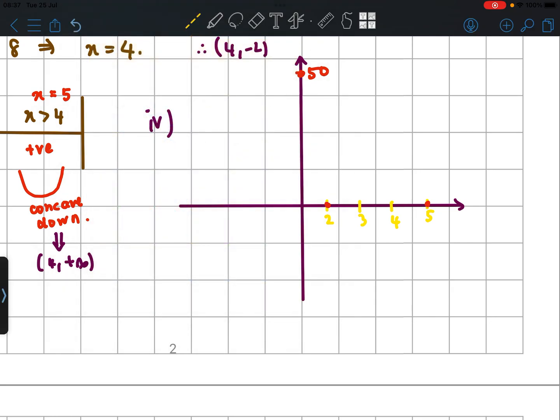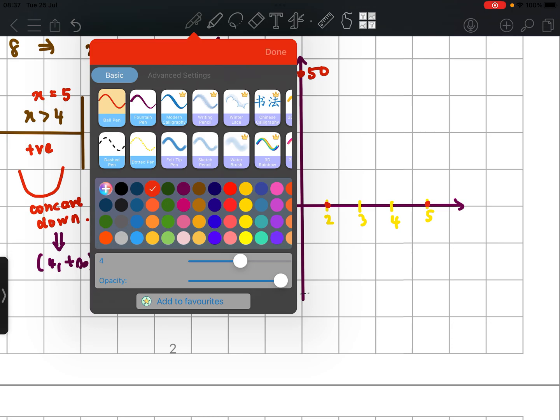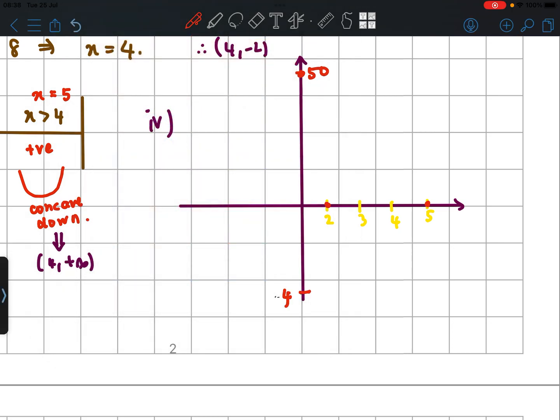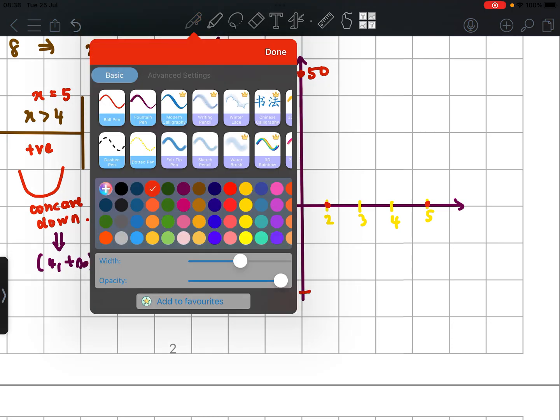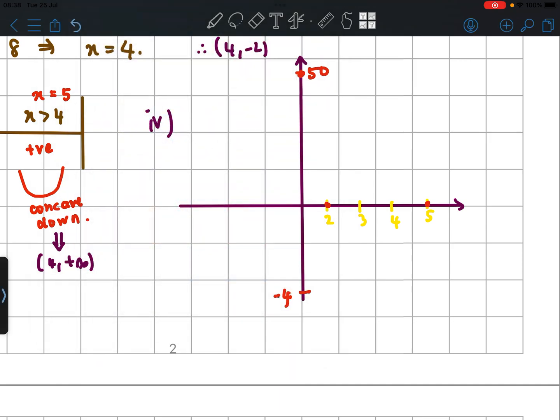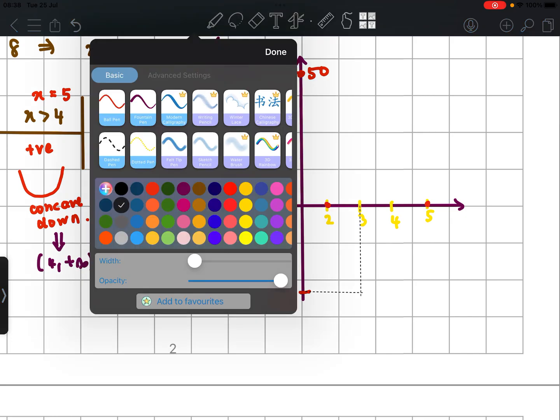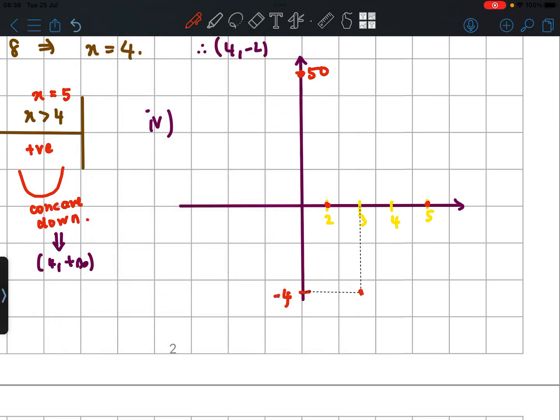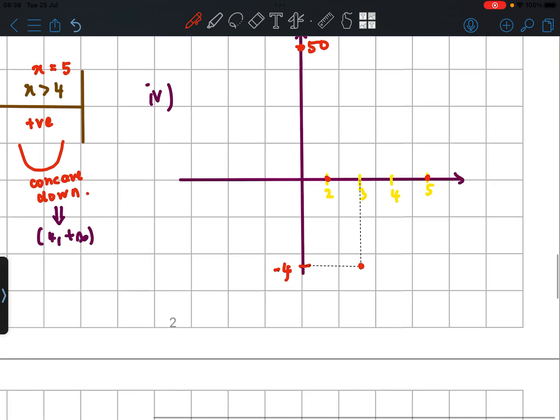So let me take minus 4 to be here, then 3, minus 4 is here. So we already see that this is our minimum point.